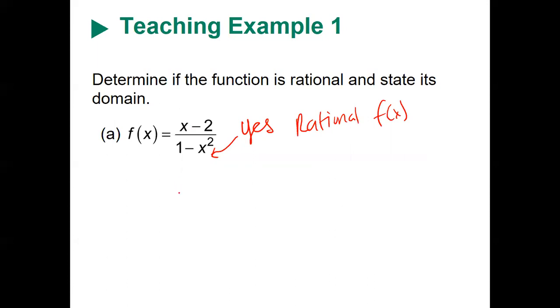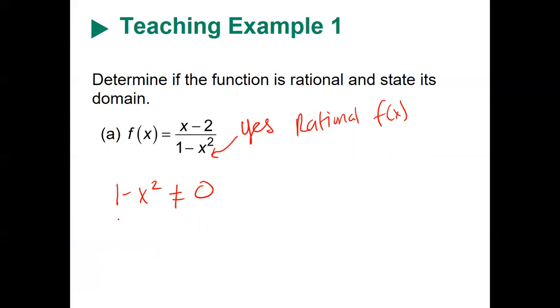All right. So now you're going to find your domain. To find your domain, you have to figure out what makes your denominator equal to zero. So we would take 1 minus x squared and set it equal to zero. I like to put not equal because that's what you're looking for, where that discontinuity is. I like to put the not equal symbol just so I remember that this is a point that can't be used. But we're clearly setting it equal to zero. So our goal is to get x squared by itself.